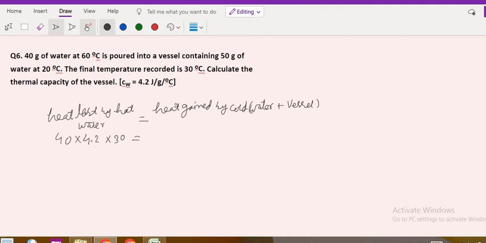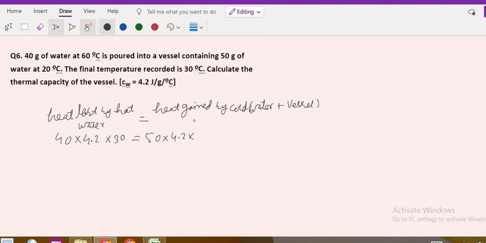The mass of the cold water is 50 gram, multiplied by the specific heat, which would remain the same, 4.2, multiplied by the change in temperature. It was 20 degrees Celsius and now it is becoming 30, so it is raising its temperature by 10 degrees Celsius.